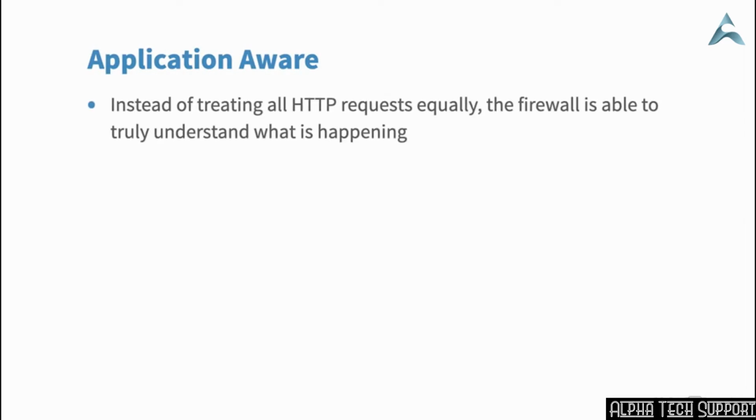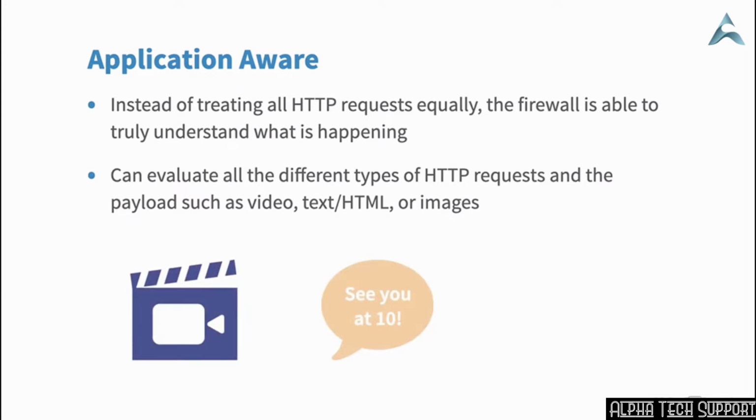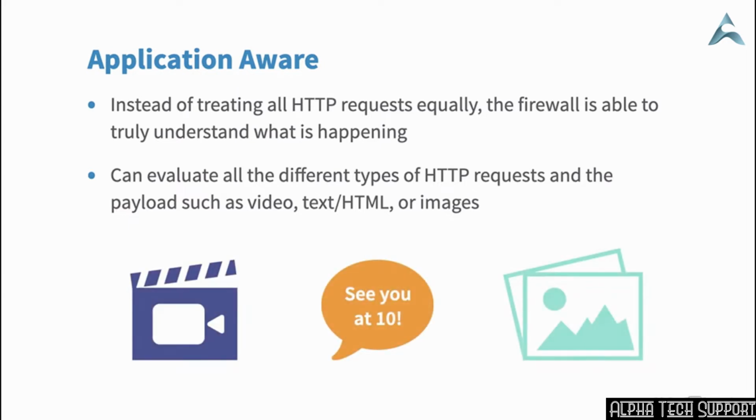Being application aware means that instead of treating all HTTP requests equally, the firewall is able to truly understand what is happening and evaluate all the different types of HTTP requests and the payload, such as video, text and HTML, or image. A proxy firewall has its own IP address.